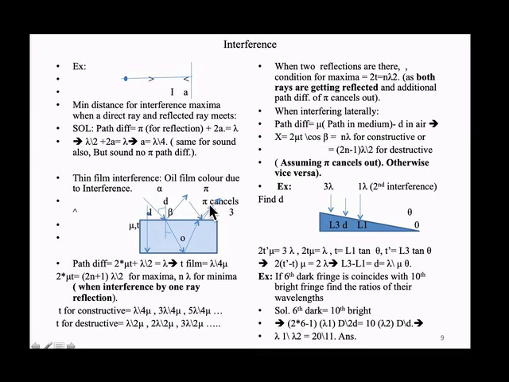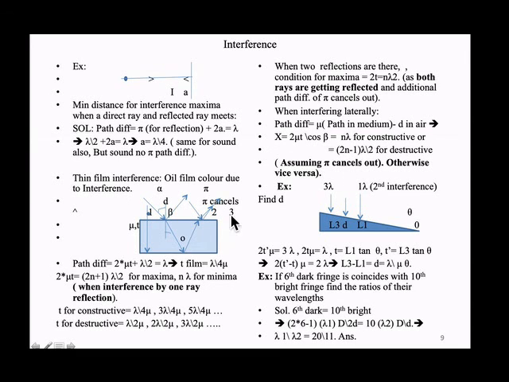Total length traveled is 2μt by cos β, and when 2μt by cos β is equal to nλ, by the time it comes here with the gap nλ, then we have constructive interference. Because here I am not adding π, because this also got reflected, this also got one reflection. The π gets cancelled. nλ for constructive interference, or (2n-1)λ/2 for destructive interference.